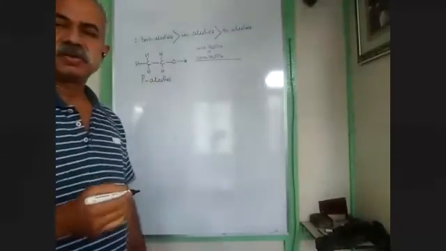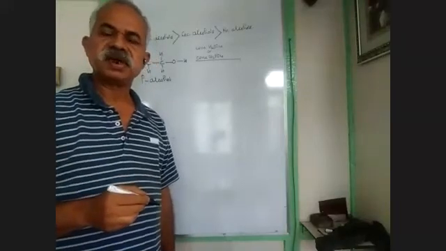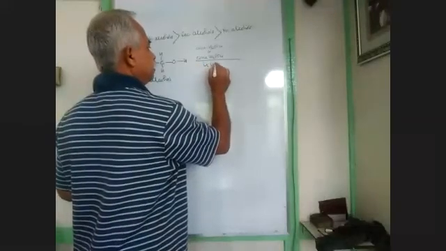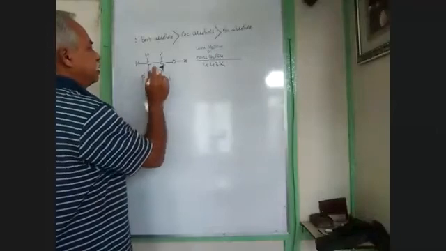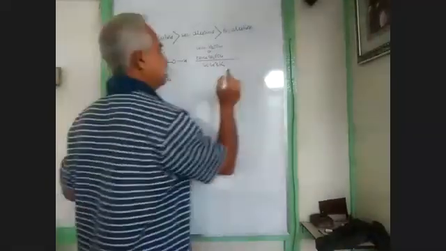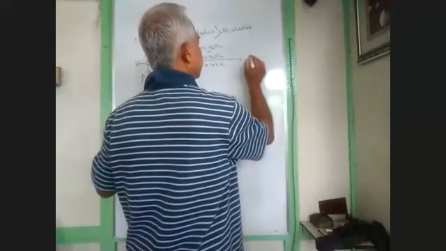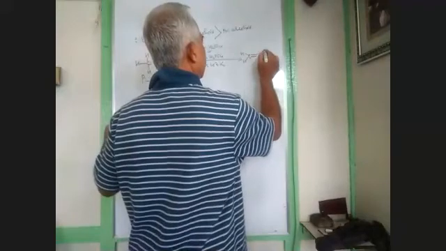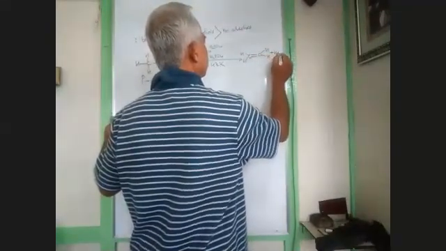See, concentrated H2SO4 is 98%. Concentrated phosphoric acid is 100%. Temperature is 443 Kelvin. All right. So what is going to happen now? H and OH will go. So you get here ethene plus H2O.